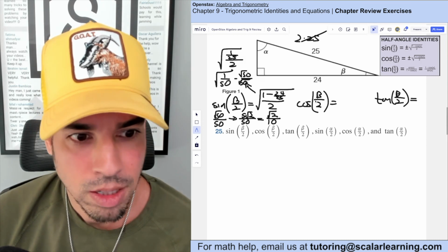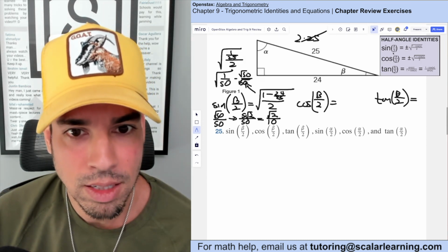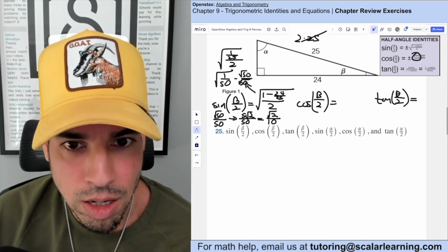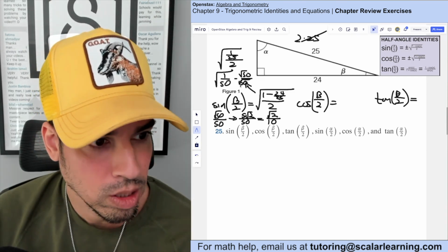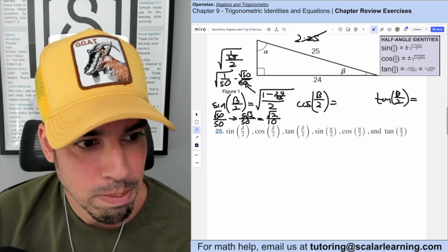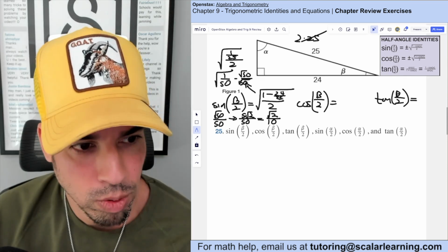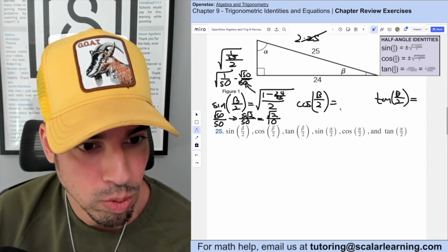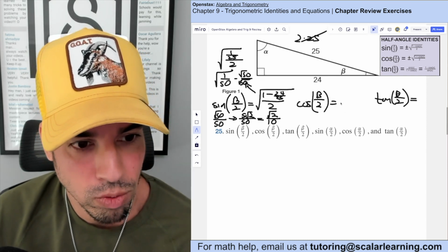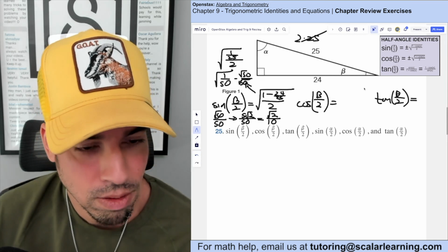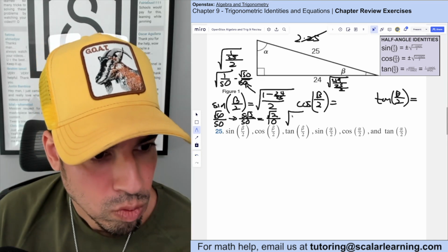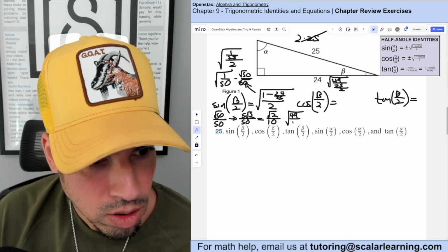Now for cosine of b over 2, it's the same identity, except instead of minus like they have in sine, it's plus here. So we can shortcut this and say instead of 1 minus 24 over 25, it's 1 plus that, which gives us 49 over 25, because 1 becomes 25 over 25, and then it's a plus instead of a minus. And then again, it's all over 2, which means we're left with radical of 49 over 50.